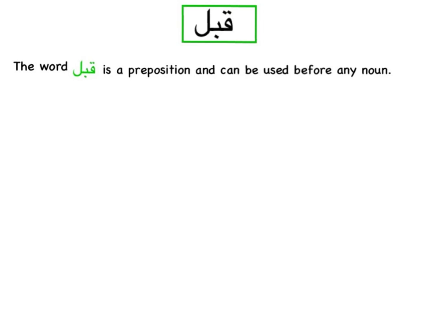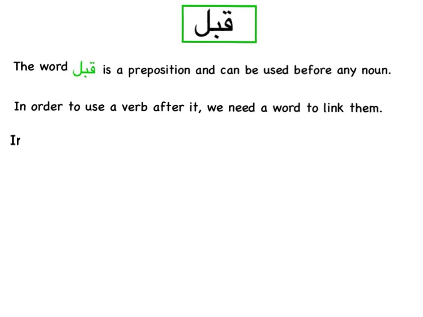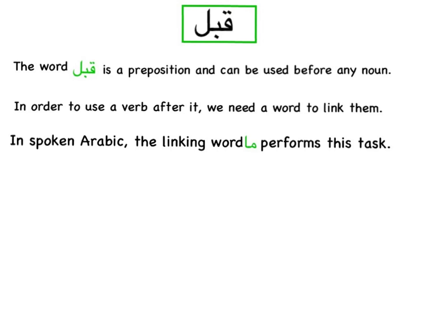Preposition قبل. The word قبل is a preposition and can be used before any noun. For example, we can say قبل المغيب, before the sunset. However, in order to use a verb after it, we need a word to link them. Them meaning قبل and the verb. In spoken Arabic, the linking word ما performs this task.